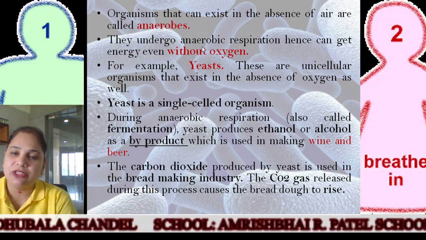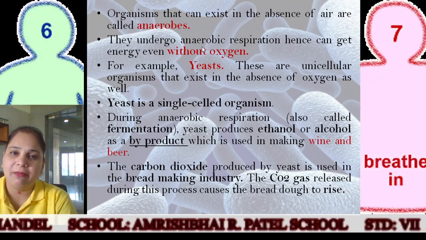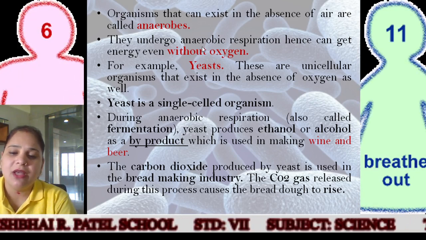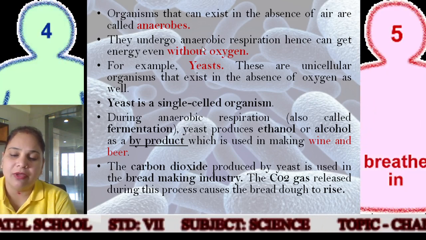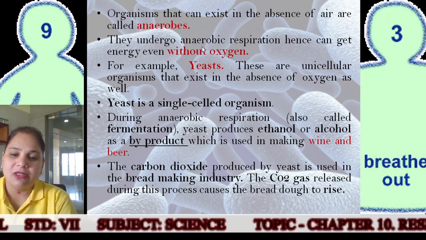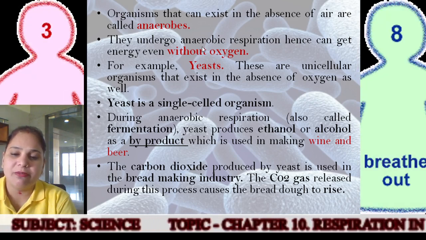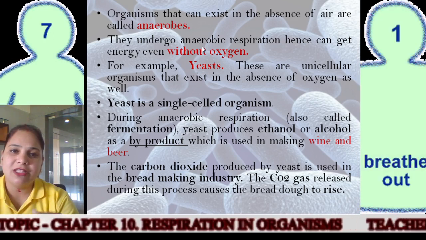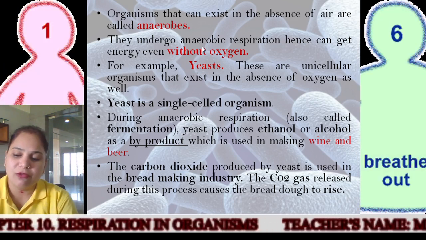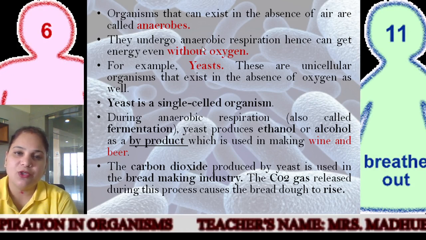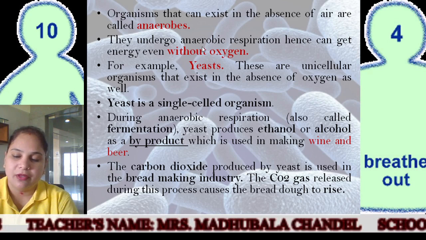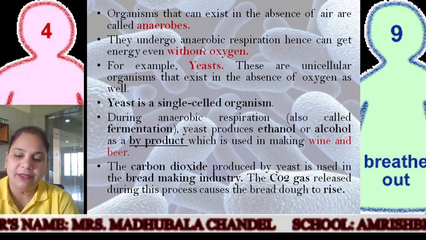This yeast powder is used to make cakes in the baking industry, because the release of carbon dioxide makes the substance fluff. The release of carbon dioxide gas during this process causes the bread dough to rise. So you can see the cake fluffs. When you were making cake during this lockdown, most of you must have tried it, right? You must have used yeast powder along with the baking powder.